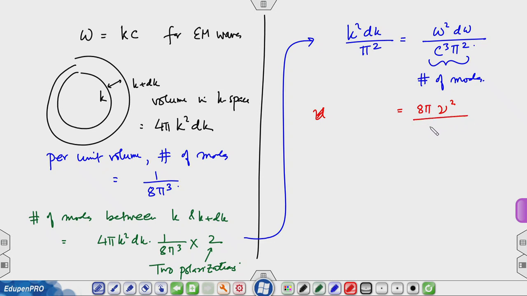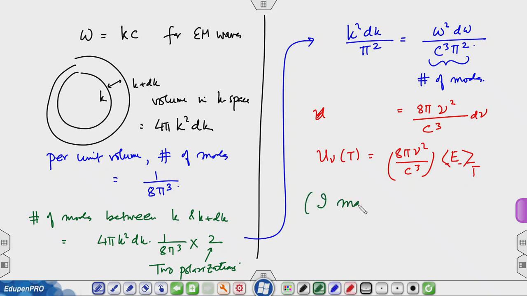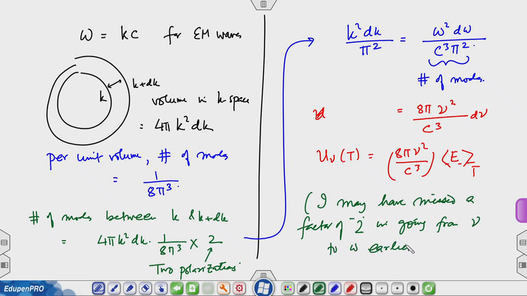So, 8 pi over c cubed d nu. So, I get u nu T equals 8 pi nu square over c cubed times that energy per mode. That is the derivation. Now, just now I realized I may have missed a factor of 2 in going from nu to omega earlier. Please check that.